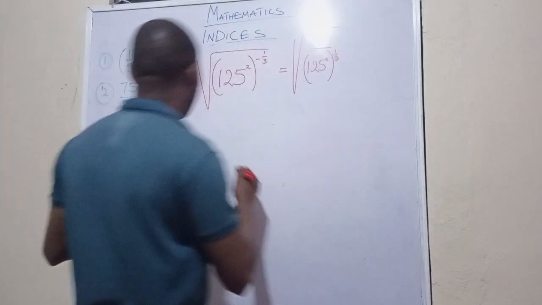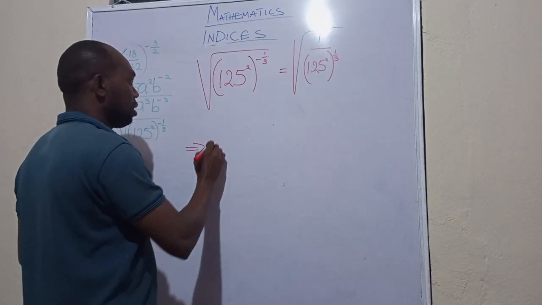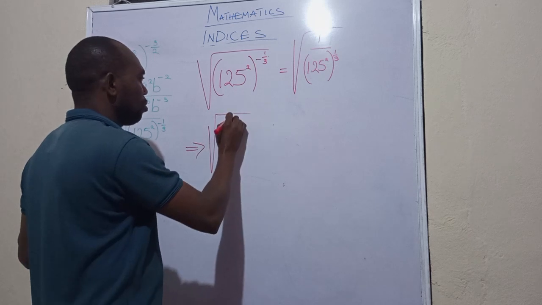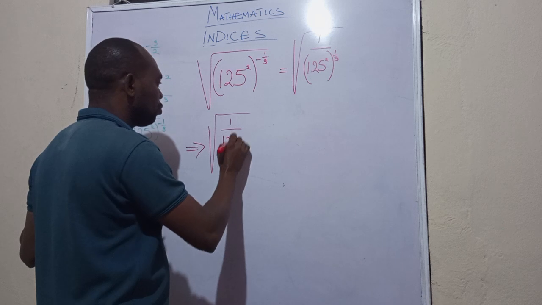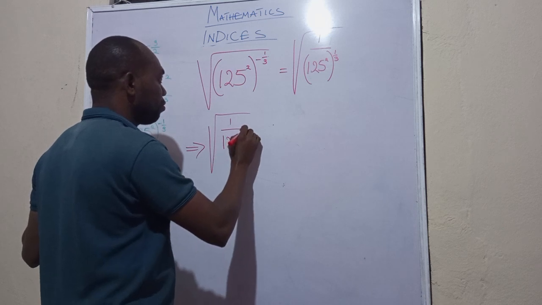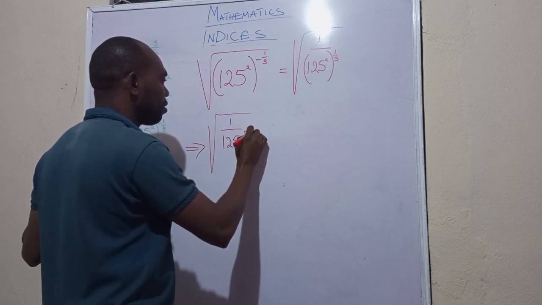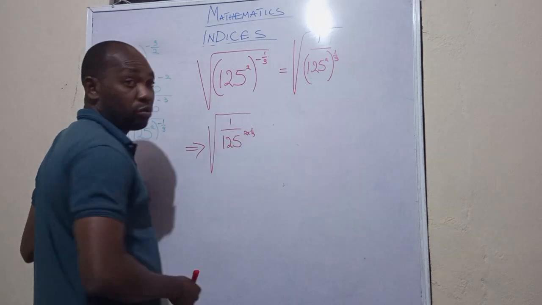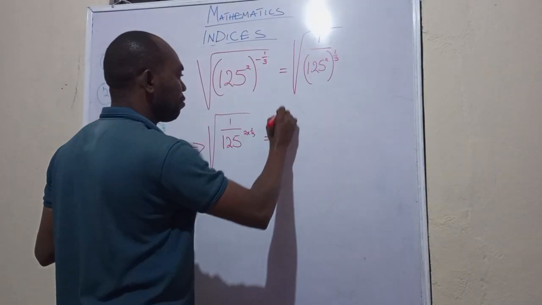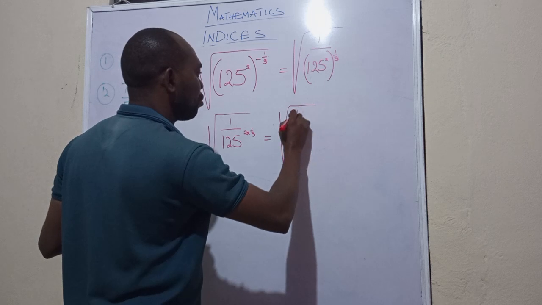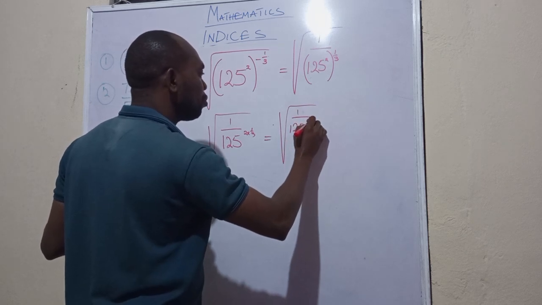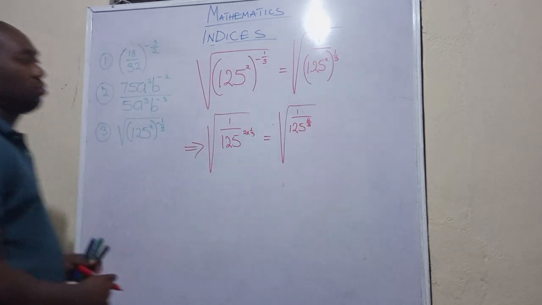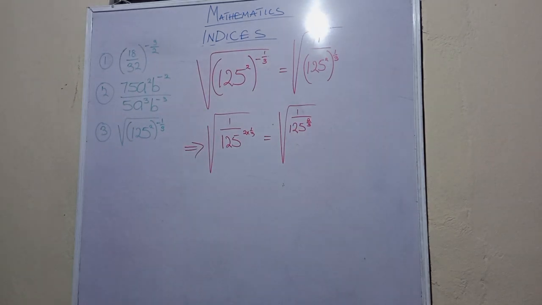So if we multiply the two indices, we will have the square root of 1 all over 125 raised to the power of 2 times 1 over 3, and we will now have the square root of 1 all over 125 raised to the power of 2 over 3. So you can see the rule plays out.